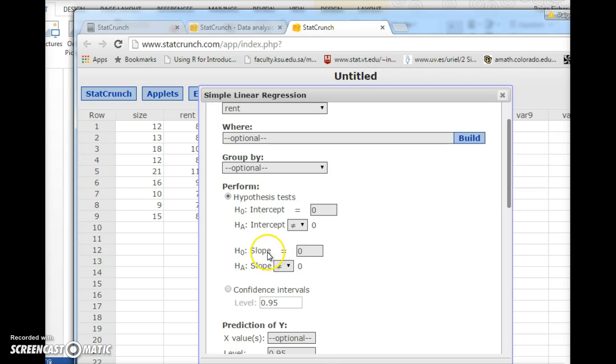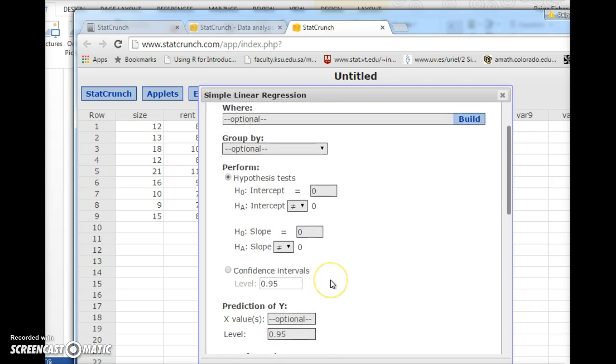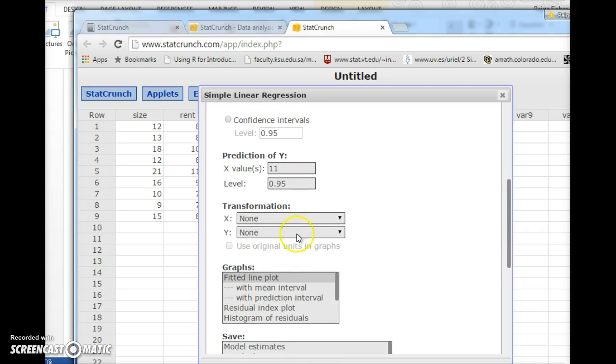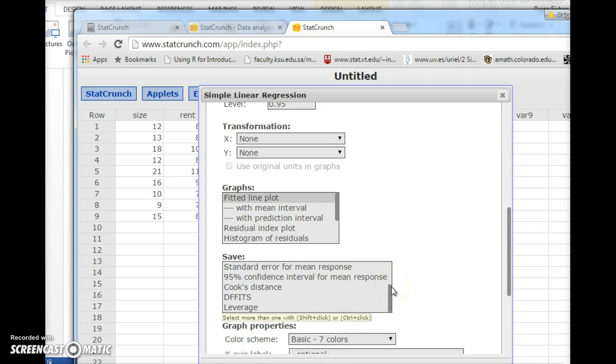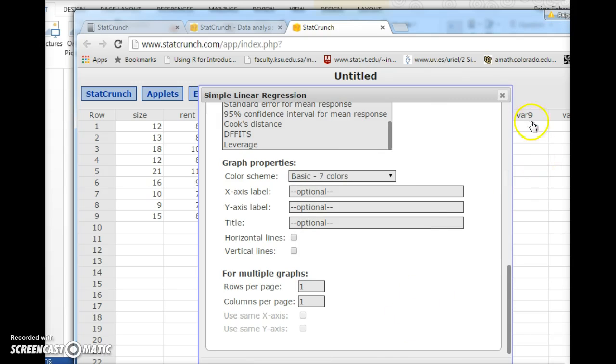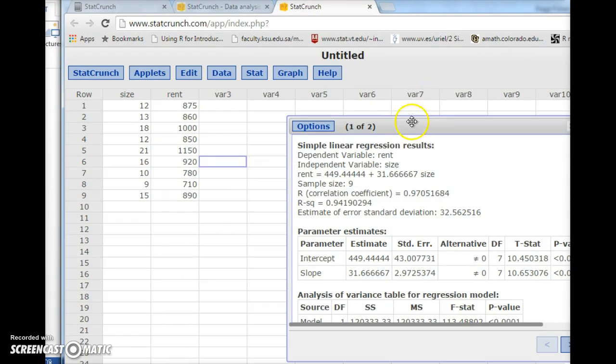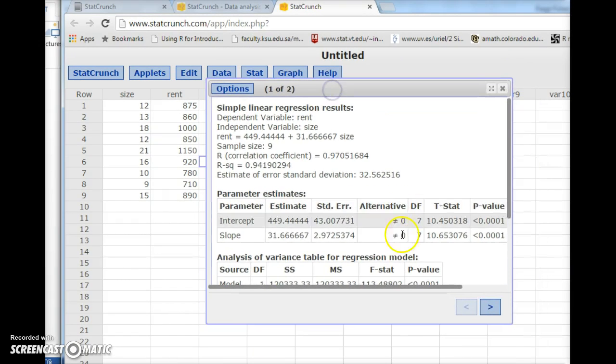So we have our slope equals 0 versus slope is not equal to 0. And then for our prediction value, we can just go ahead and put 11 in here. That's for part 5. And for the plot, we want our fitted line plot. And then we push compute. So it gave us our output.